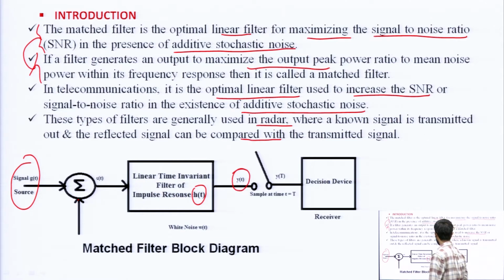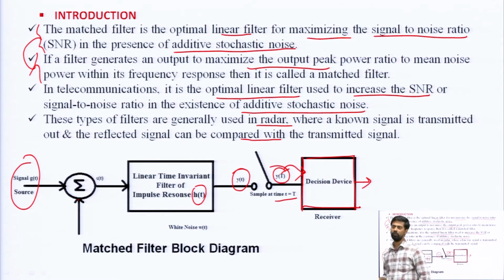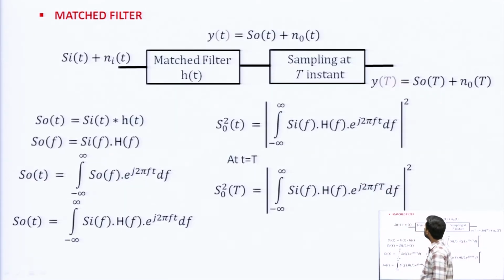After that we sample this y of t at every interval t equal to capital T. Then y of T passes through a decision device, which decides whether it is 0 or 1, according to the decision rule, and gives the output. So, this is the matched filter.